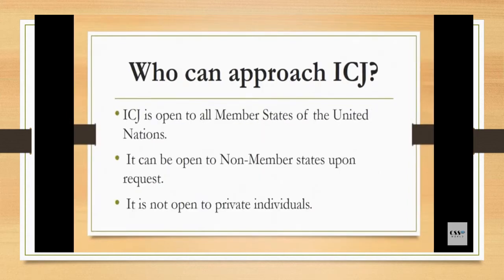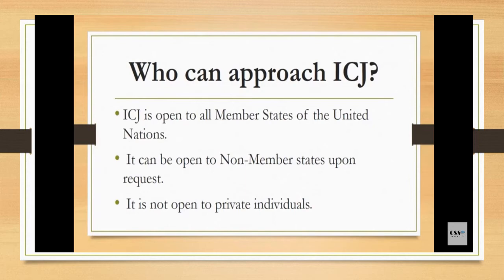Who can approach the International Court of Justice? It is open to all the member states of the United Nations. It can be open to non-member states upon request. Mainly all the states which are member states of the United Nations can easily access the International Court of Justice.